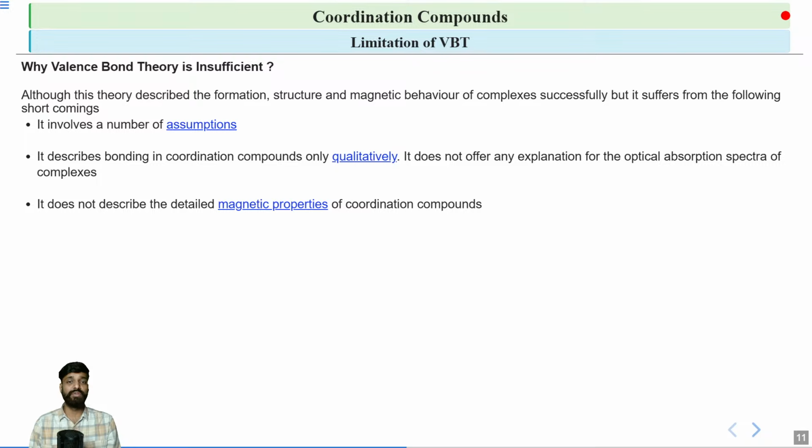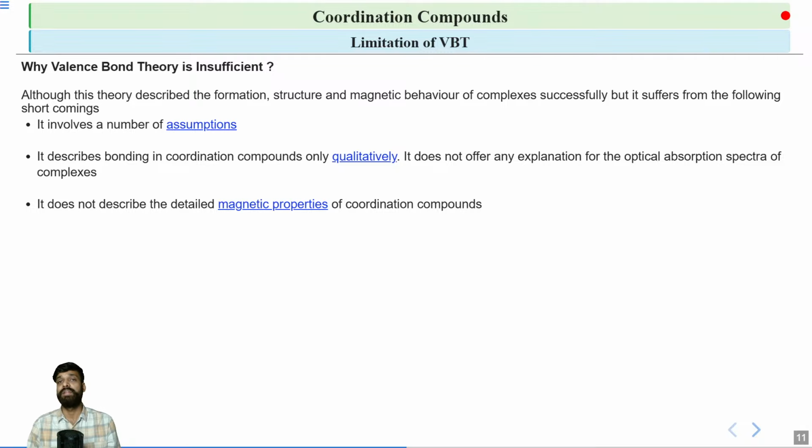Next, it has no information about the magnetic properties as well. The valence bond theory does not make clear whether a given complex will be outer or inner orbital. It says that on the basis of the results, so it has no understanding from the start.